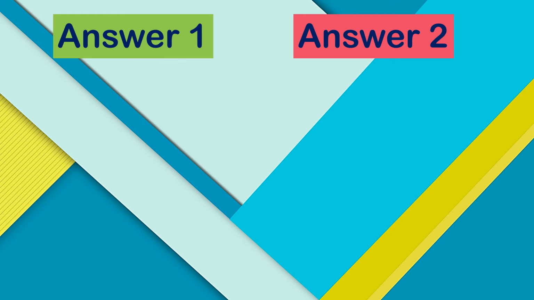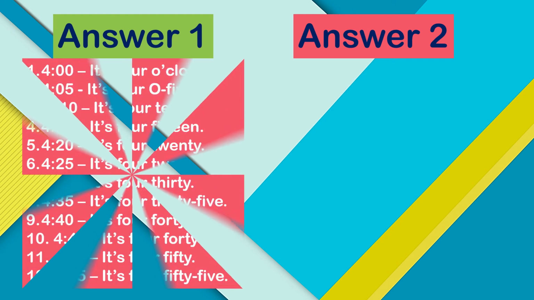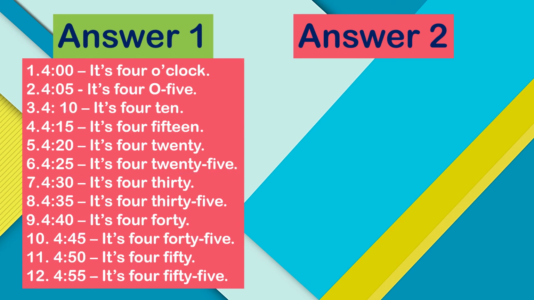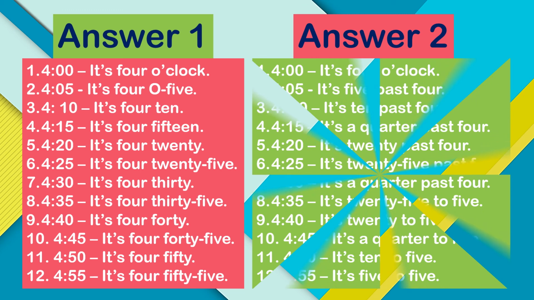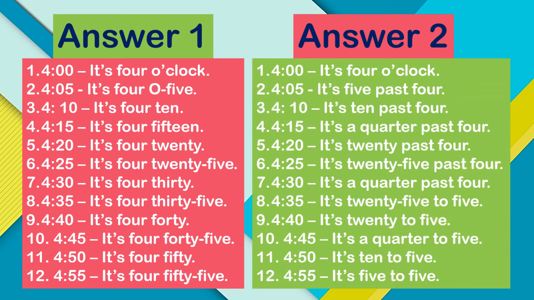These must be your answers. First is to say the hour and then the minutes. And the second is to say the minutes plus past or to and then the hour.